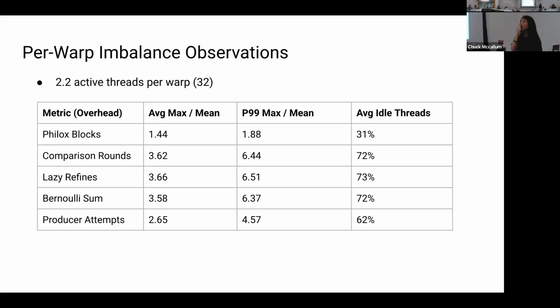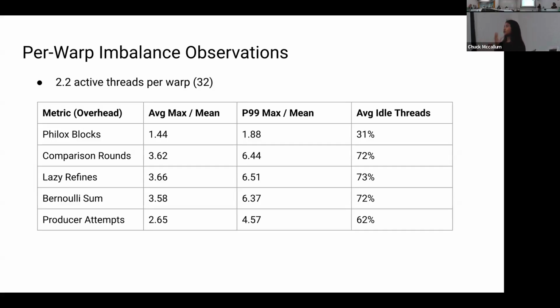Looking at metrics like how many times it took for the lazy comparisons rounds to complete, how many times we had to do the refining for the lazy comparisons, or even how many times we had to invoke the Bernoulli sums, all of that took around 3.6 times as long as a perfectly balanced situation, assuming all threads would take the same amount of time.